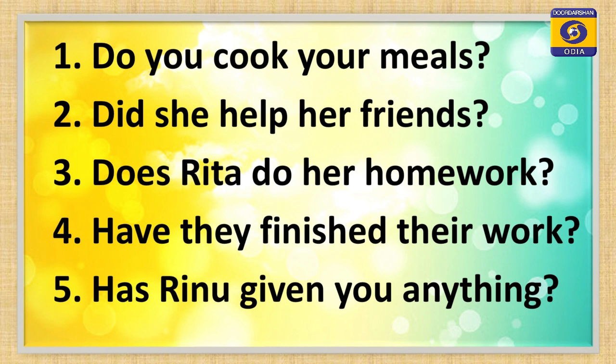And did she help her friends? It is past tense. When it becomes a statement, did she help means she helped. She helped her friends, statement. Now make it passive: her friends were helped by her.